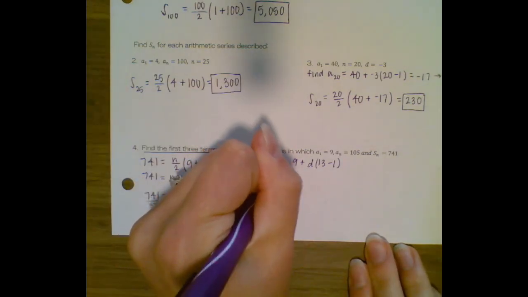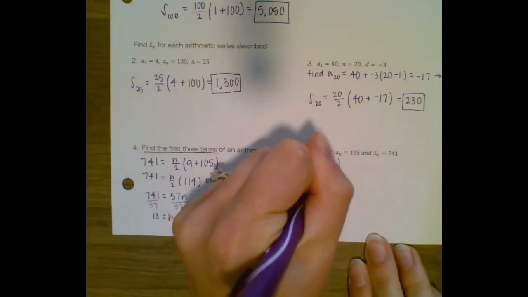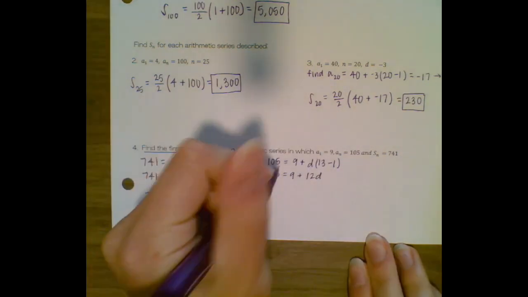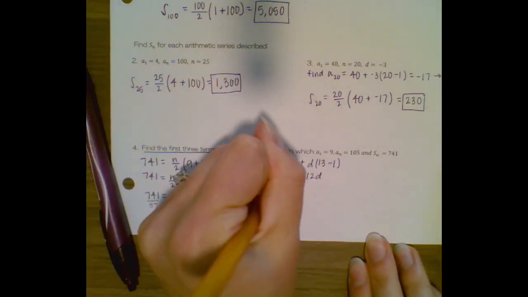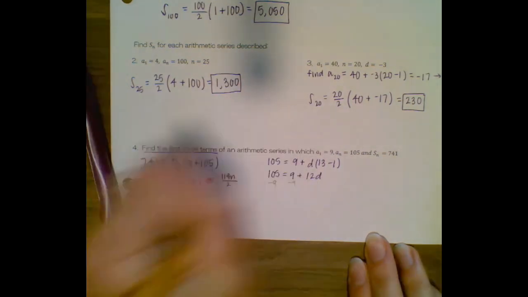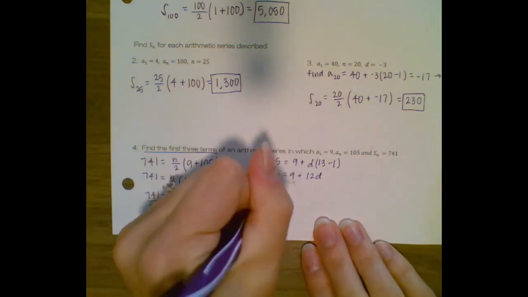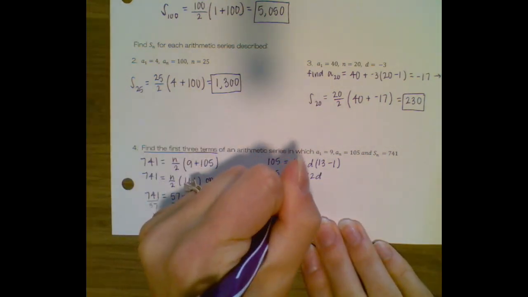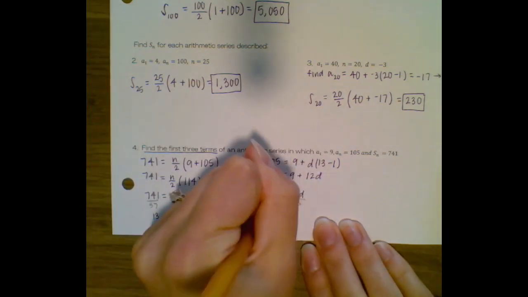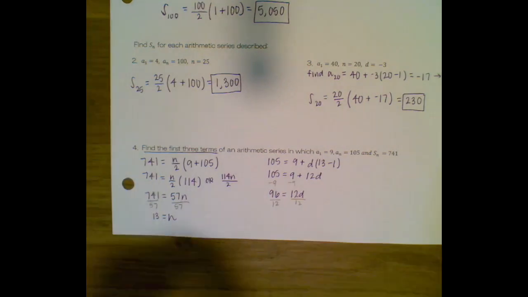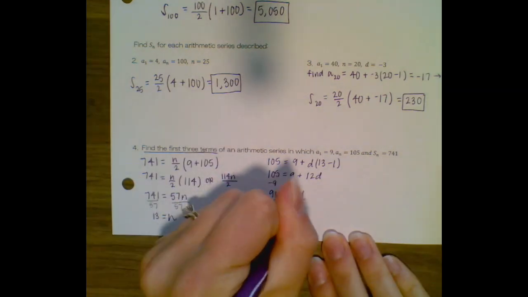So we get 105 equals 9 plus 12d. 13 minus 1 is 12. All right, I'm going to subtract both sides by 9. So 105 minus 9 is 96. Equals 12d. Divide both sides by 12. And you can just do these calculations on your calculator. 8 equals d.